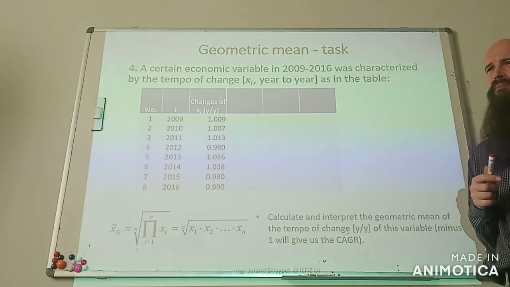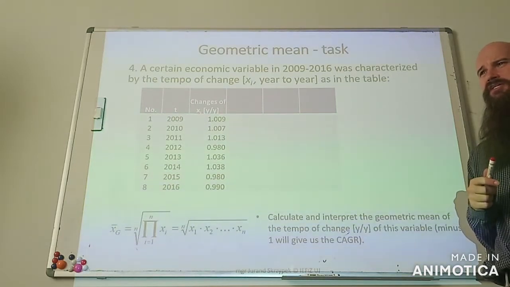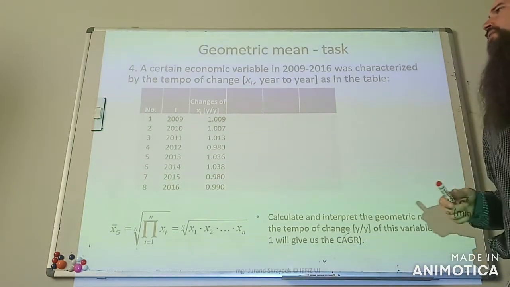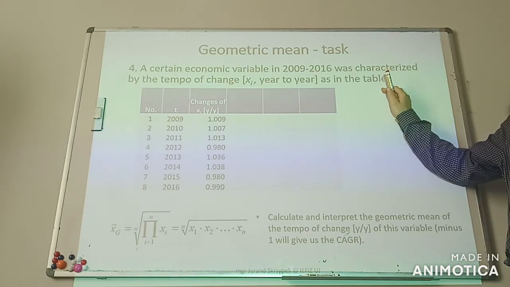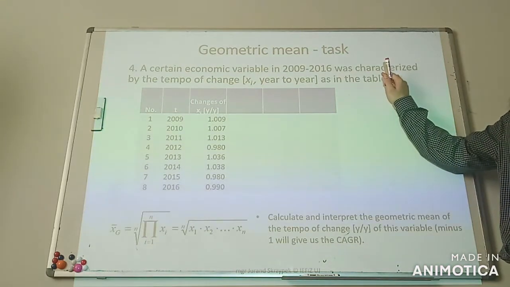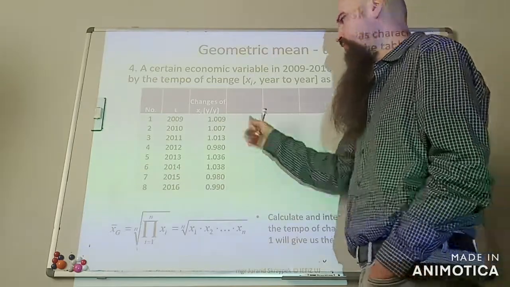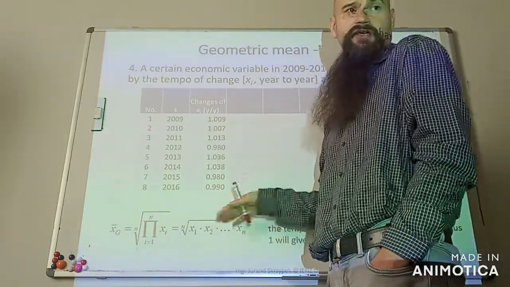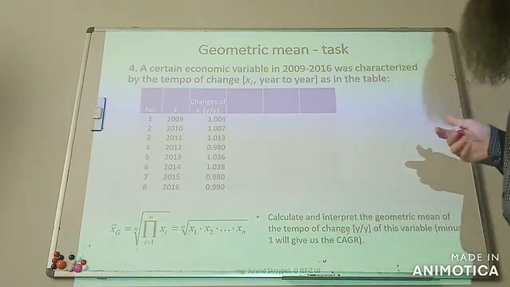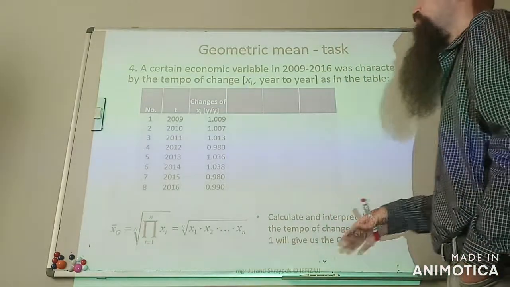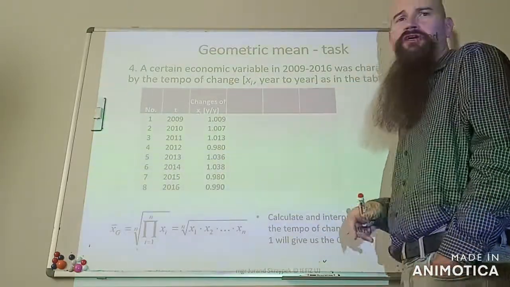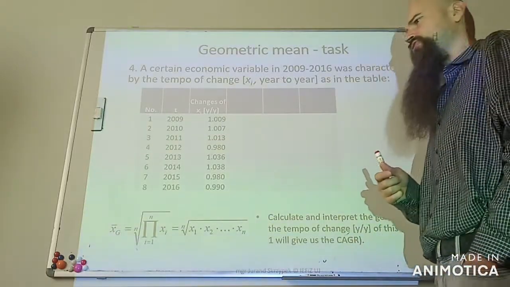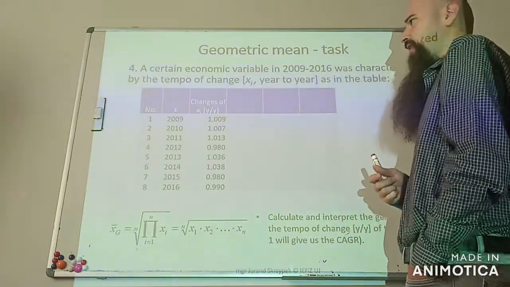Let's do the first exercise connected with the geometric mean. We have a certain economic variable in the years 2009 to 2016, and we see its tempo of change. Here we have our fake variable, with the tempo of change expressed by the appropriate index, which expresses the year-to-year percent change of the considered economic variable.